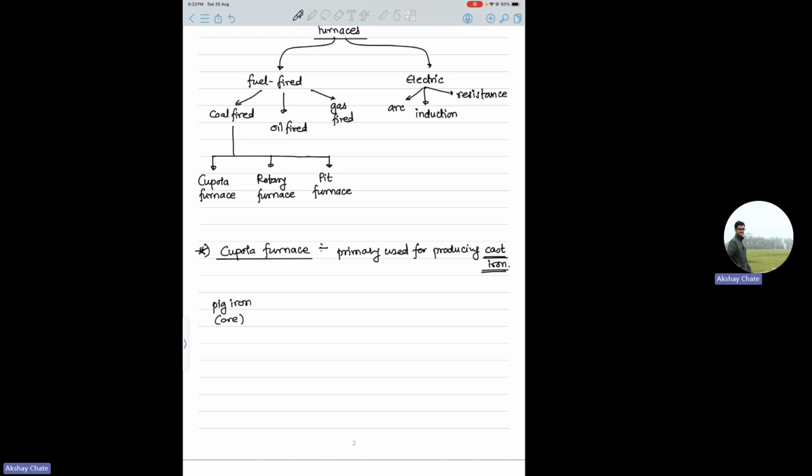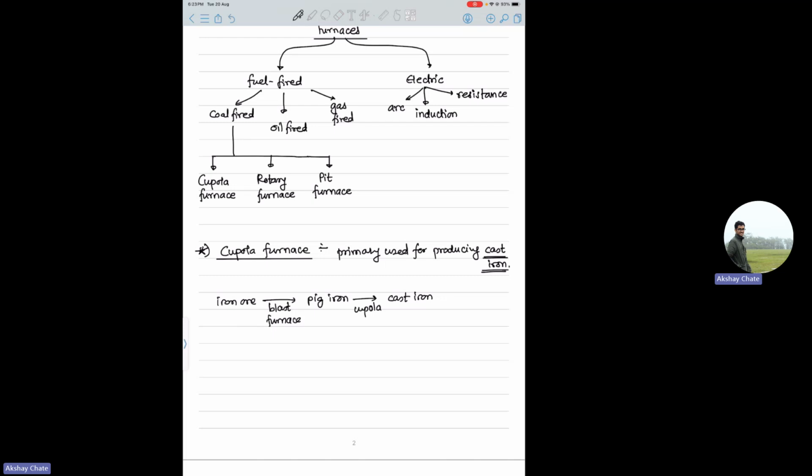And then, sorry, this iron oxide or iron ore, we use a blast furnace to convert it into the pig iron, and then we use cupola to convert this into cast iron. Okay, so this is the sequence.